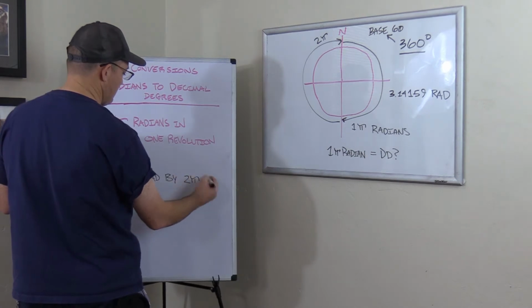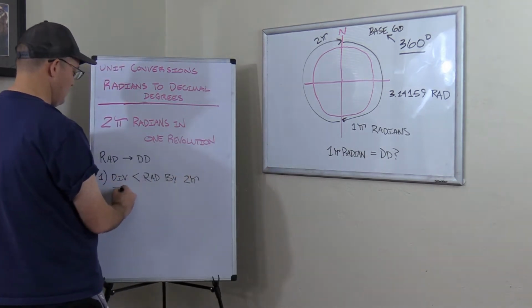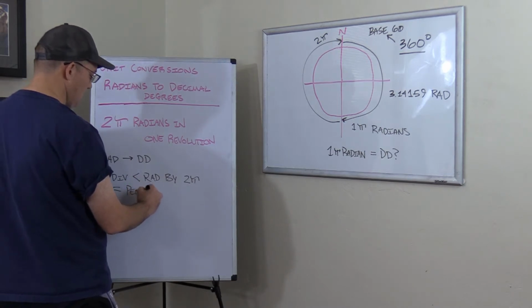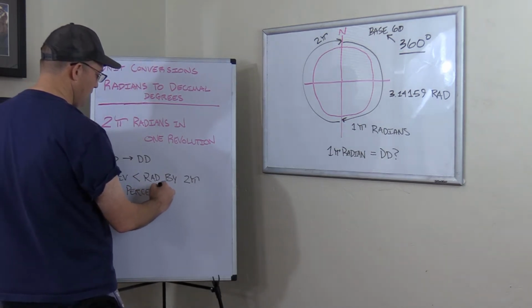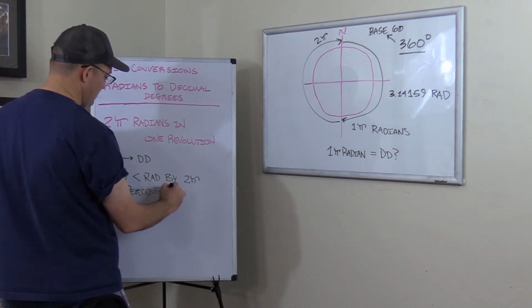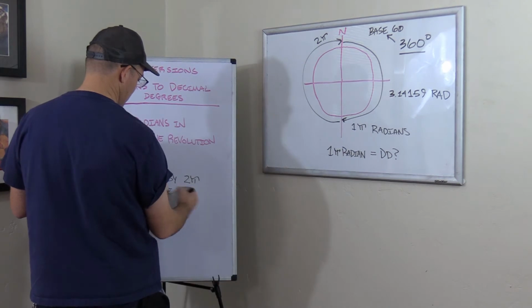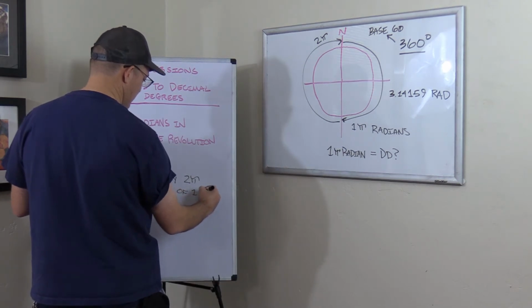What that's going to give you is your percentage of 1 revolution. So when we do the math here, we should get pretty close to half, 1/2, right? Percentage of 1 revolution.